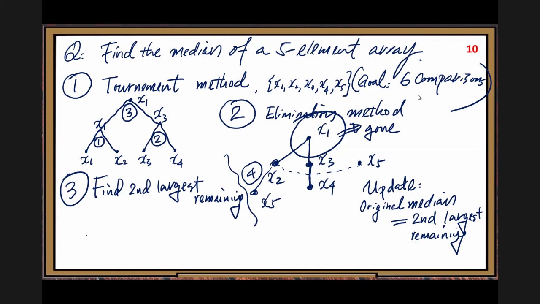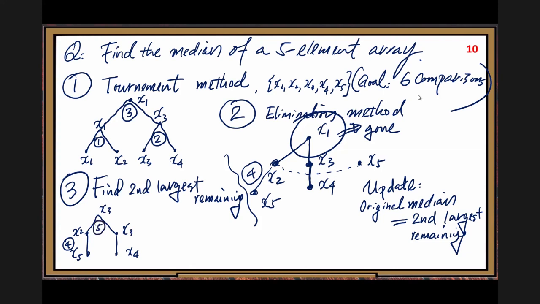So x2 here, x5 here, without loss of generality. This is comparison number 4. Then x3 here, x4 here. Comparison number 5.